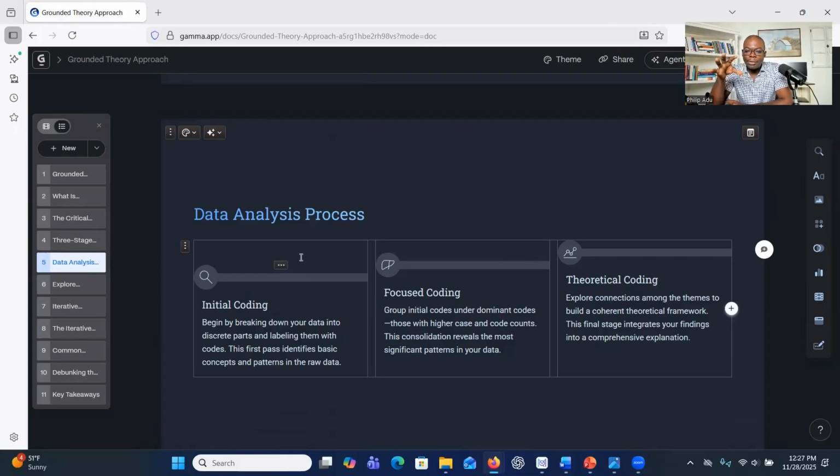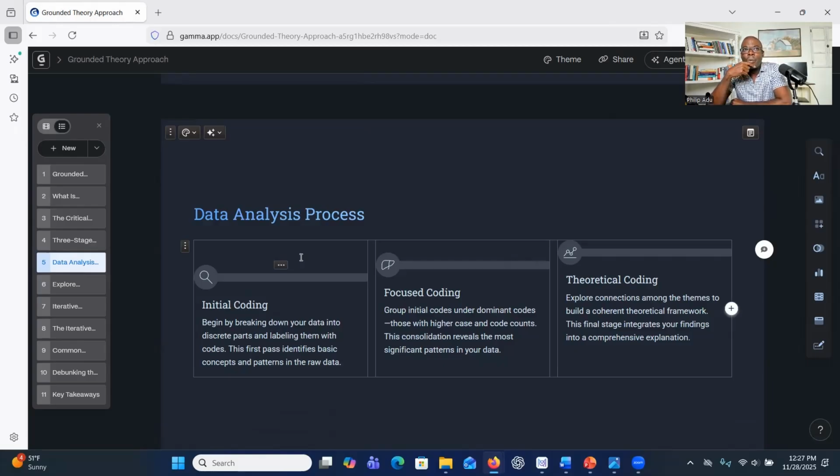So these are the three main stages in terms of using the grounded theory approach. First, initial coding. Initial coding is the beginning way of making sense of your data. So imagine that you have collected your data, you have reviewed and familiarized yourself with the data. So the next step is to conduct initial coding, right?